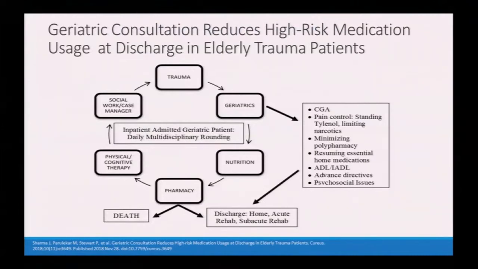Assessing their activities of daily living, looking at their advanced directives and addressing any psychosocial issues. And each part of the team plays a role in completing this checklist. So the trauma team, the geriatrics team, nutrition, pharmacy, all of us play a role in making sure that this checklist is complete.